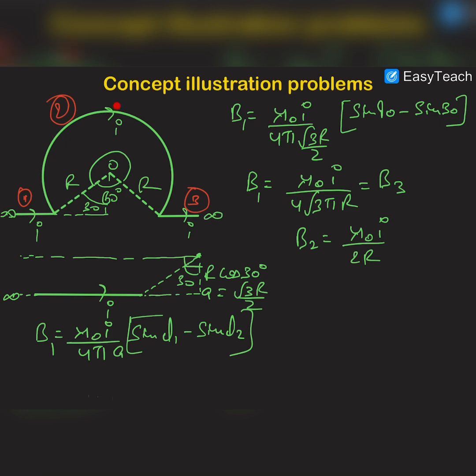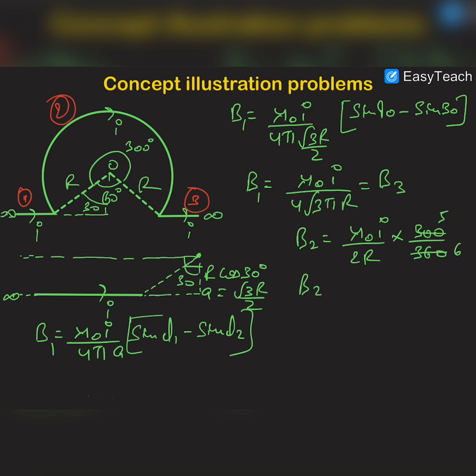So in this case, the part of the ring which is carrying the current is making an angle of 300 degrees at the center. So into 300 divided by the total angle, 2 pi, in degrees will be 360. So this will be the 5 and this will be 6.